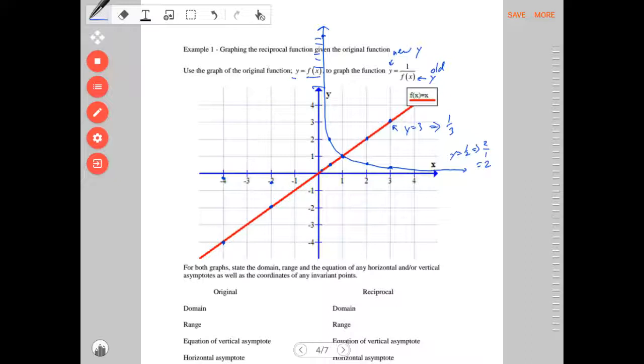It's about there. -1 divided by -1, hey, that's the same, it's -1. The y-coordinate right about here is about negative 1/2. The reciprocal of negative 1/2 is negative 2/1, so that's just negative 2.